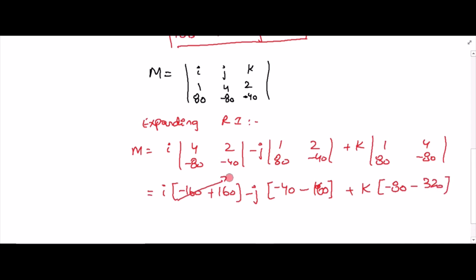From here the i term becomes 0 and this one becomes 200j minus 400k.